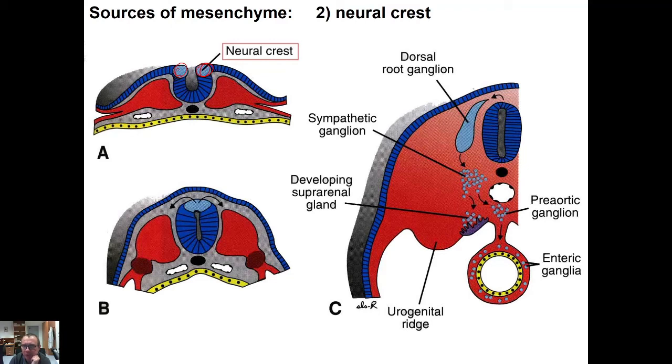These cells lose their epithelial organization, leave the neural tube during its closure, and establish cords of loosely organized cells around the neural tube, which is called neural crest.